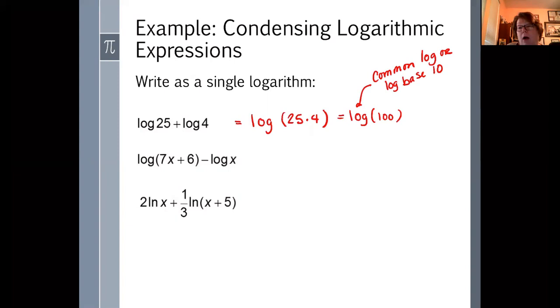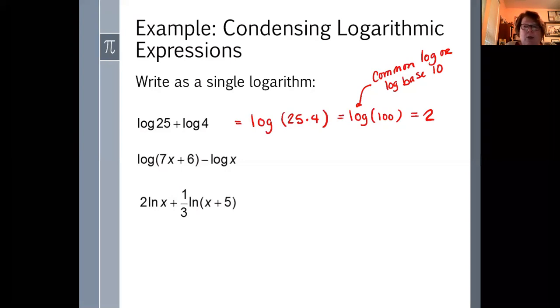So what is that logarithm equivalent to? What would you raise a base of 10 to get 100? And you'd raise 10 to the second power to get 100. So the log of 100 is the number 2. All right, now let's look at the second expression.